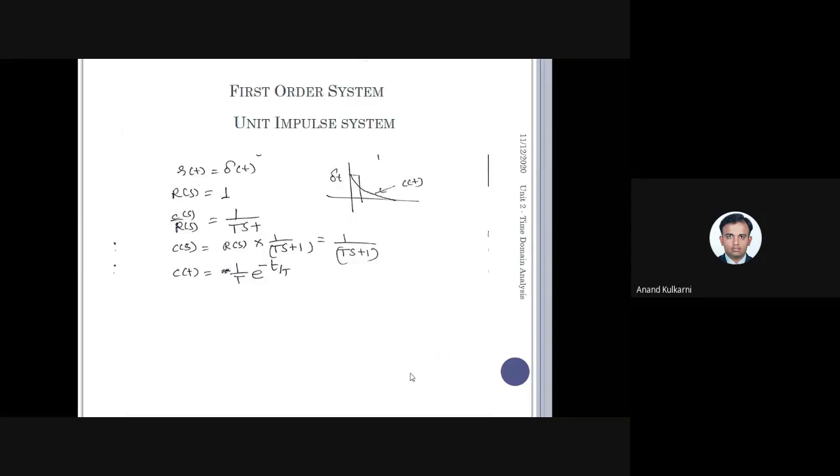Then in the critically damped case, both the roots are real and same, that is minus omega n. And the third case is zeta greater than 1, that is overdamped case. In that case, the roots are minus zeta omega n plus or minus omega n into root of zeta square minus 1.